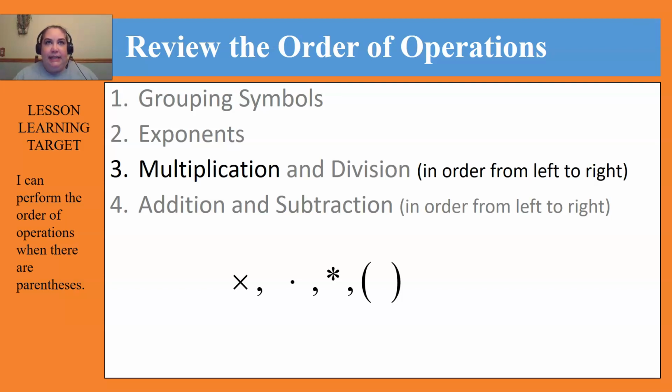So if you were to see a number directly next to a parentheses and then another number inside, that's multiplication. And then finally, if you're looking at a number or a coefficient next to a variable or a letter, so a number times a letter, the invisible symbol in between is multiplication. So these are some of the ways that we're going to be seeing multiplication.